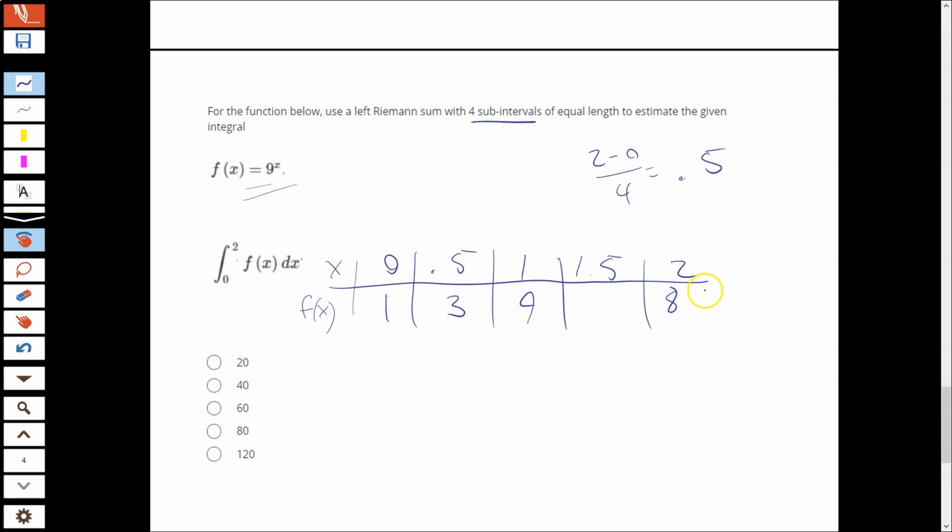We know 9 squared is 81. Okay. 9 to the 1.5. Okay, so that's the interesting one. So 9 to the 1.5 is 9 to the 3/2. And by our exponent rules, this is the same as the square root of 9 to the 3rd.